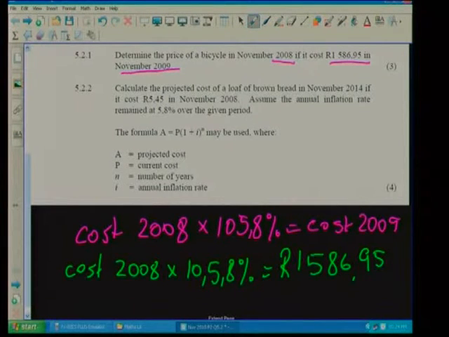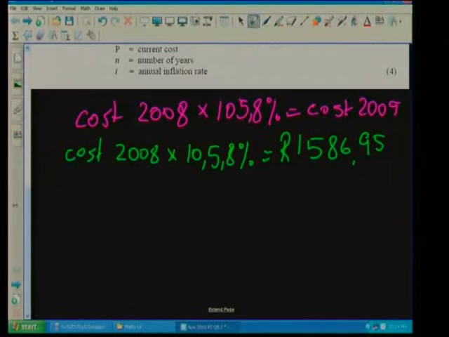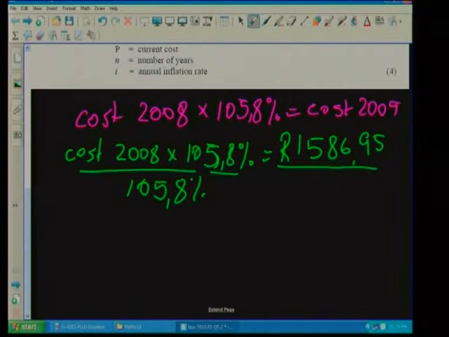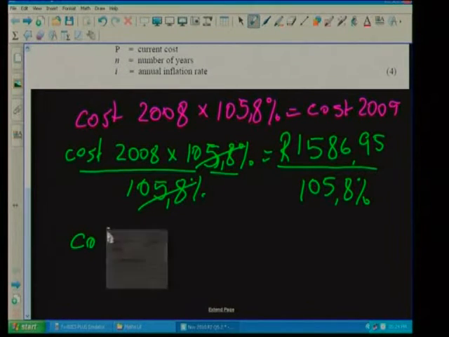All I need to do now is get my cost for 2008 on its own. So I'm going to divide by 105.8%, and I'm going to divide this side by 105.8%, because those cancel and I'm left with my cost in 2008.